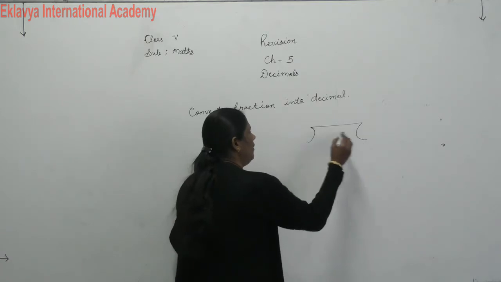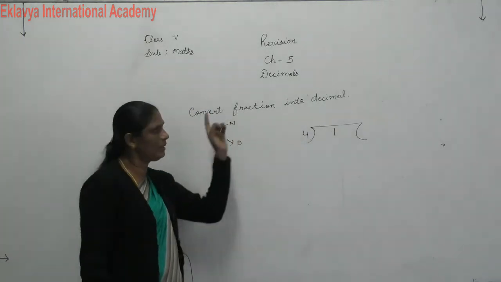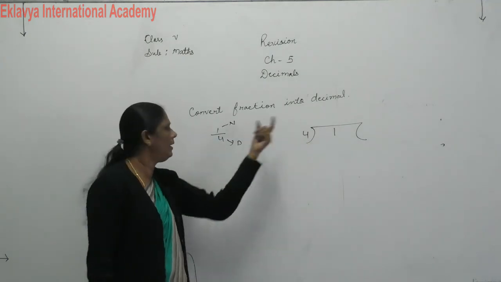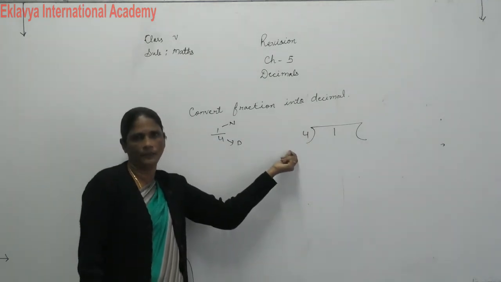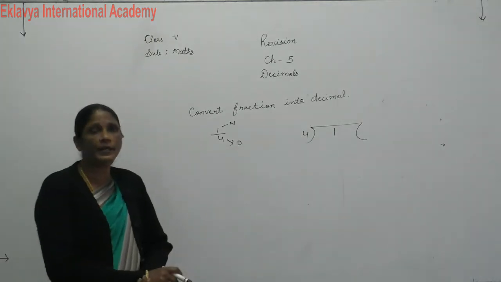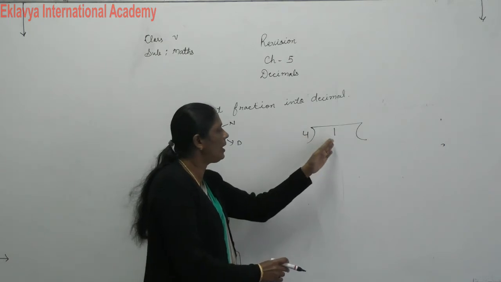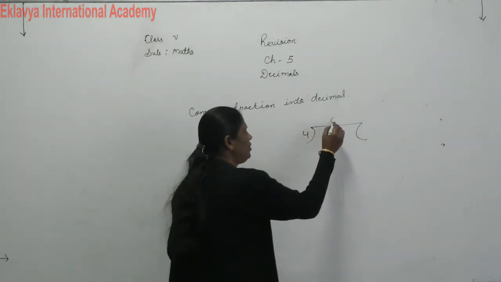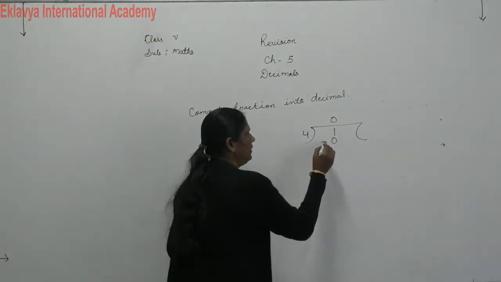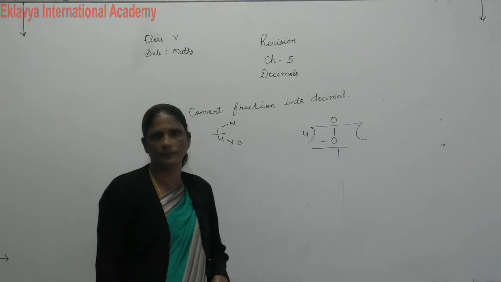This 1 here, 4 here. Now you divide this number. The table of 4, how many times go in 1? 0 times. Then we subtract. This is our remainder.